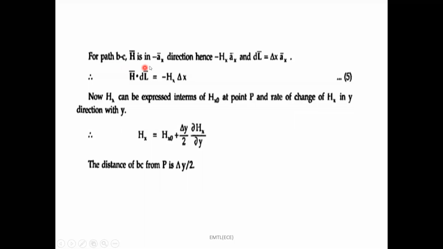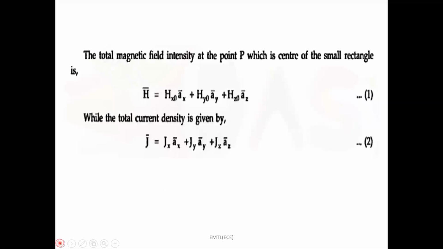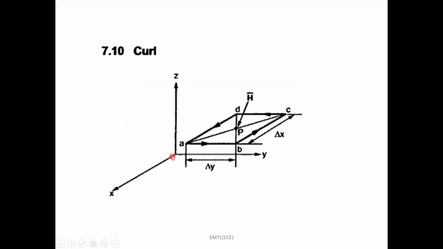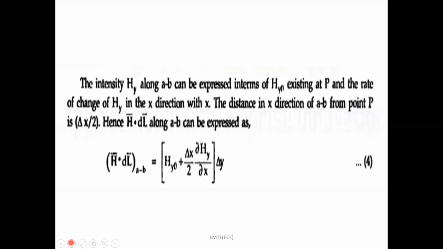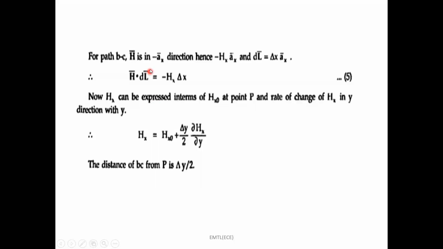So this is a negative x direction. When you observe this figure, this is positive x, and B to C is along negative x direction. This is positive x, this is a negative direction. So that's why the unit vector we have to take is minus ax direction.